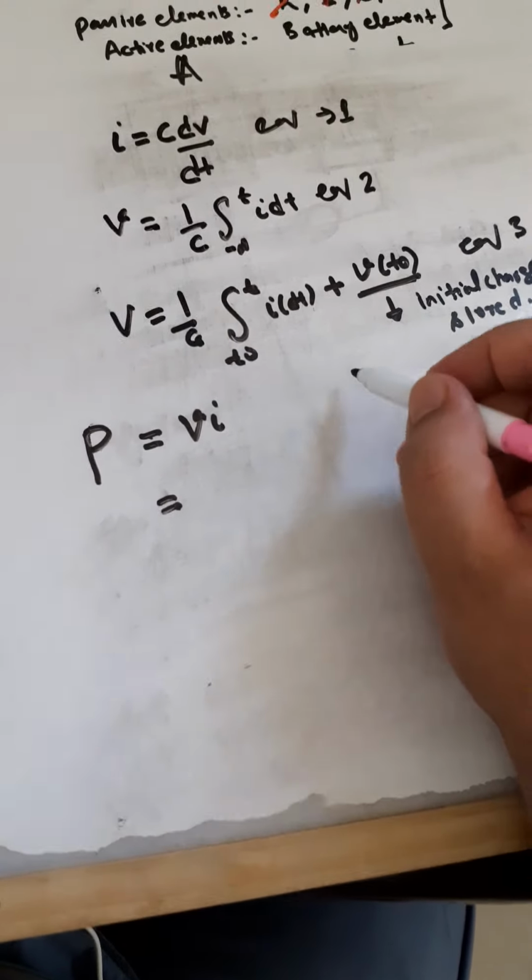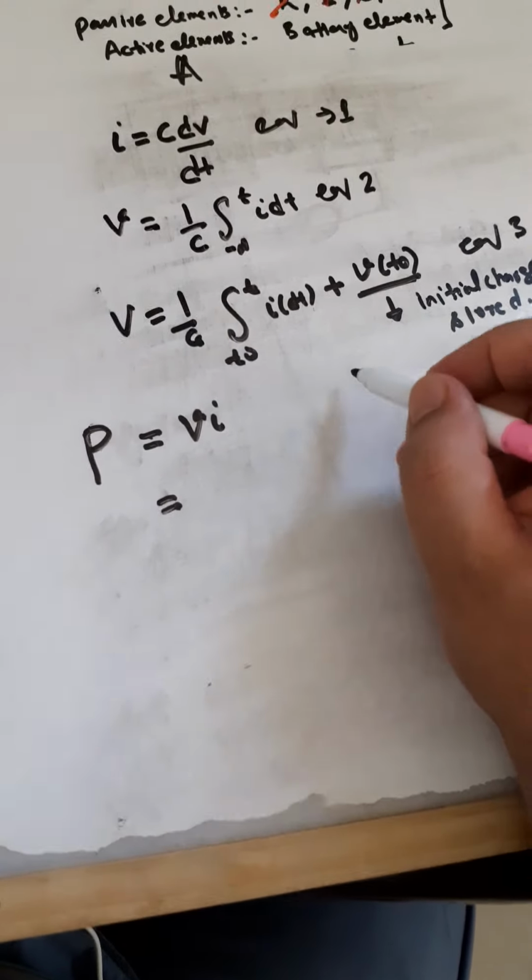Now, what is our energy? If we want to calculate the energy stored in the capacitor, this W symbol is the energy stored in the capacitor. It would be the integral from minus infinity to t of power, because what is energy?